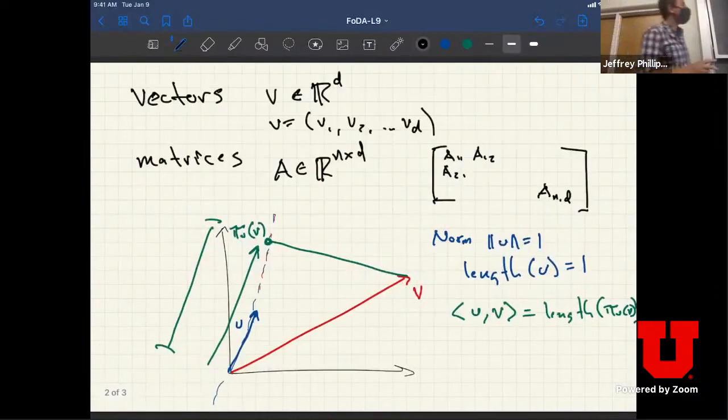If I were to go back here and pick u and v to be the same vector, so u is a unit vector, say v was also 1, then the projection onto u is going to give me back the same vector. So I'm going to get back the length of v. So this should be consistent with what is going on here.